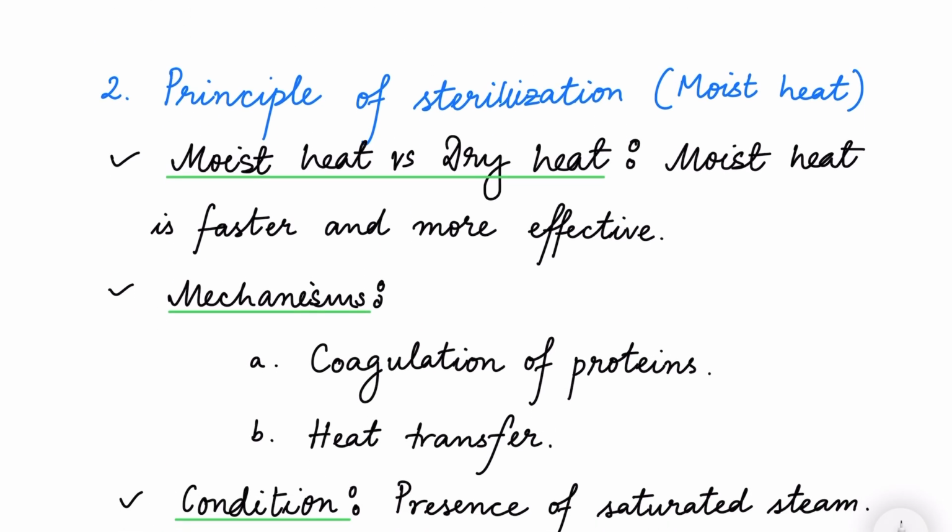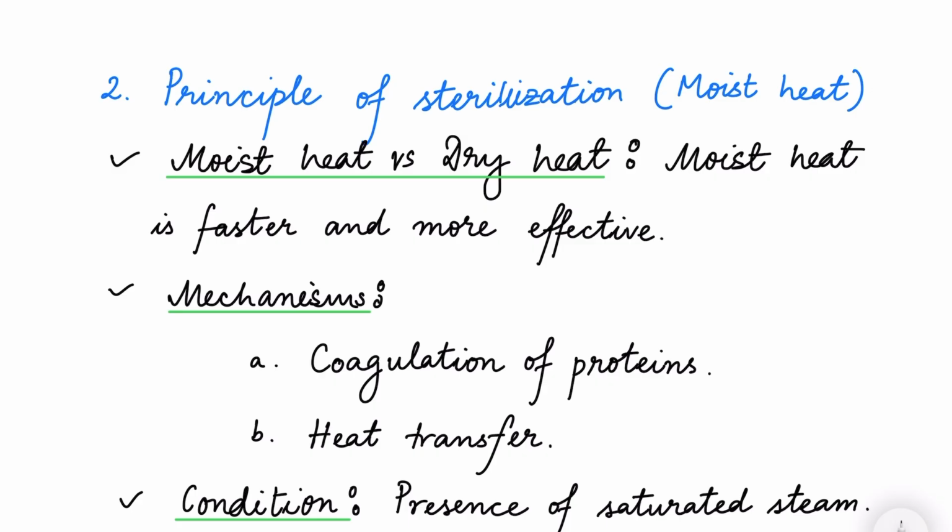Now, the next logical question is, why do we use moist heat instead of dry heat? The answer lies in the efficiency. Moist heat is much more effective and faster than dry heat.